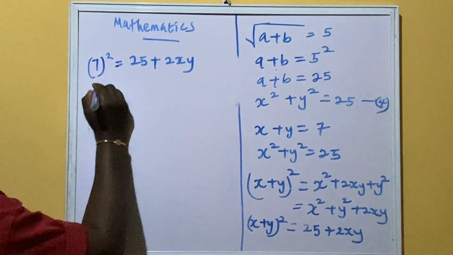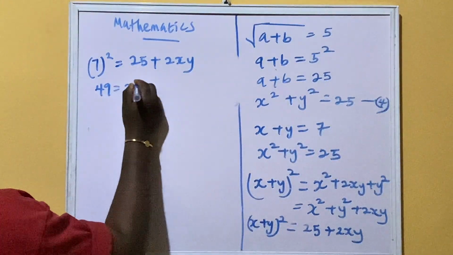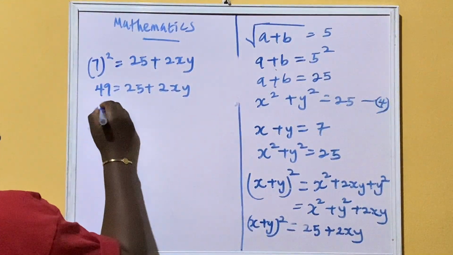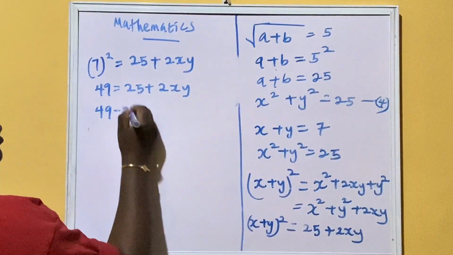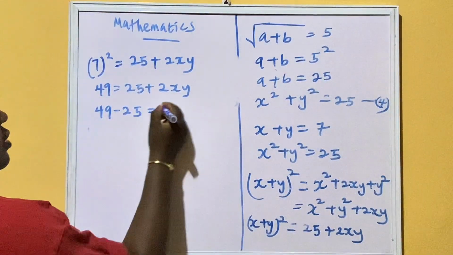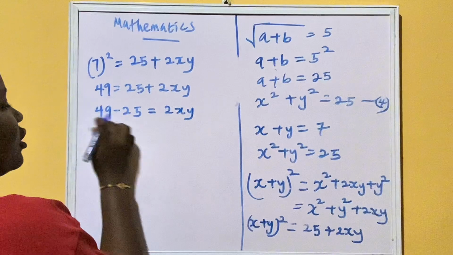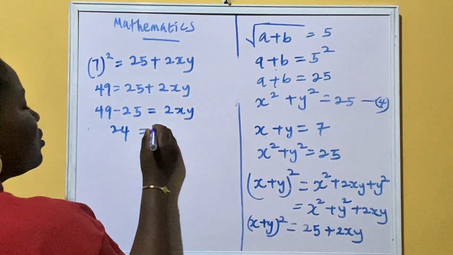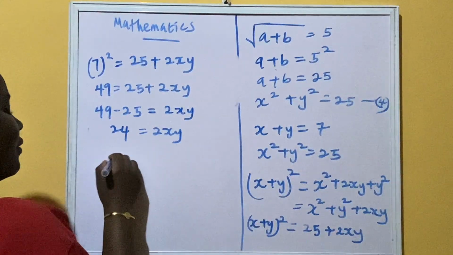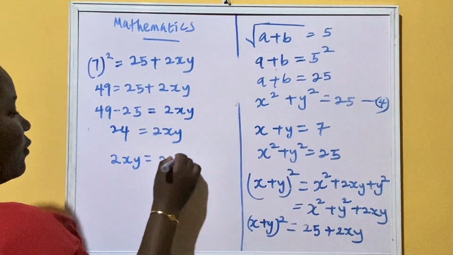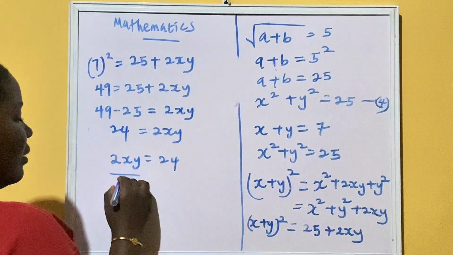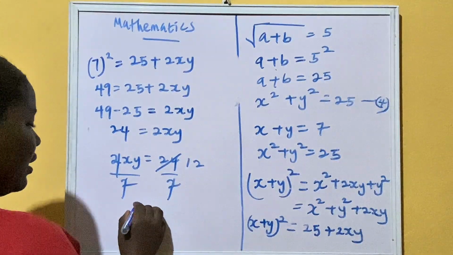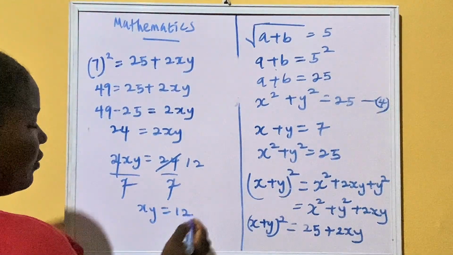Now 7 squared is 49, which is equal to 25 plus 2xy. Now 49 minus 25, because when it comes over here it becomes minus, equals 2xy. 49 minus 25 gives us 24, so 2xy equals 24. Divide both sides by 2. This is 12. xy equals 12.